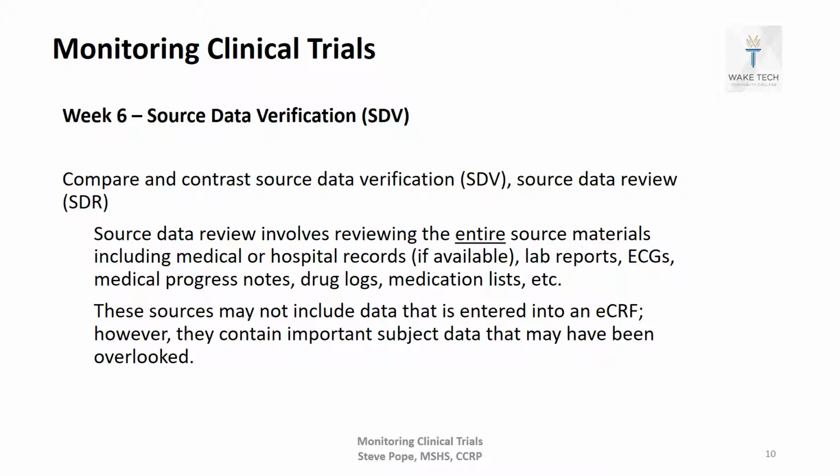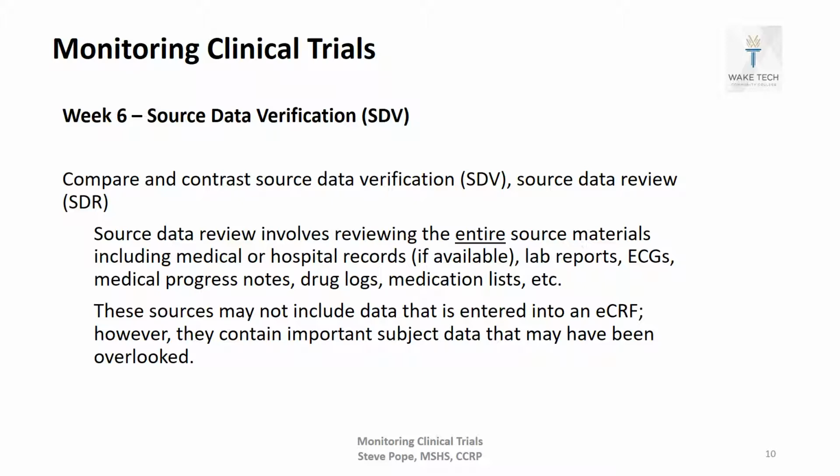So let's take a look at our second term that we want to define, and that's source data review. Source data review involves reviewing the entire source materials, including medical or hospital records, if they're available, lab reports, ECGs, medical progress notes that are written by doctors that may appear in the hospital or medical records, drug logs, medication lists, things like this.